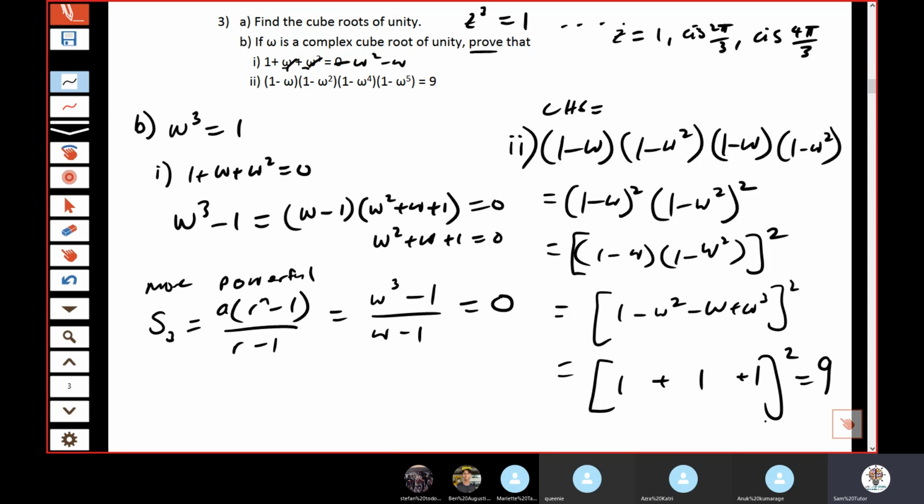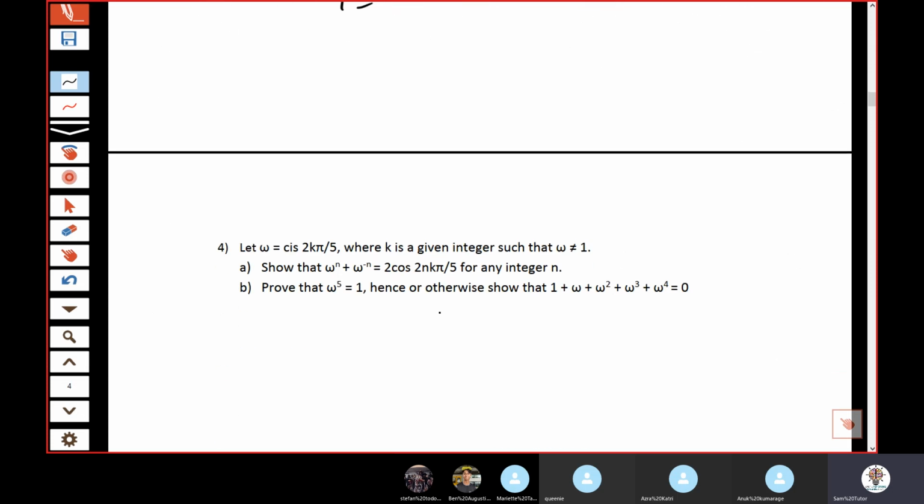No, because 1 plus W plus W squared equals 0. So when I bring these two over to the right hand side, I get 1 equals negative W squared. Make sense? You sure? Okay. Right. All good? Okay, move on.